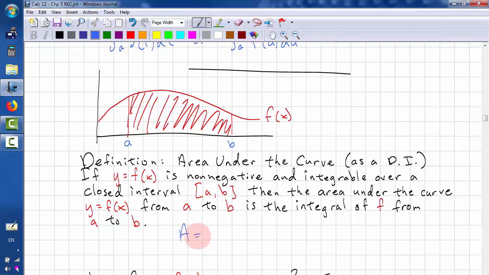So that's a lot of fancy words, but all we want to do is say this. Okay, so the area is the definite integral if it's non-negative. Remember, 0 is neither positive nor negative, so non-negative means 0 and positive. If you said positive, then that doesn't include 0.